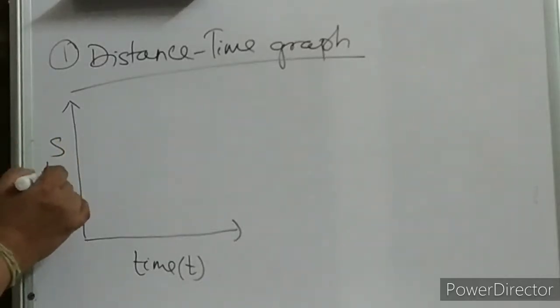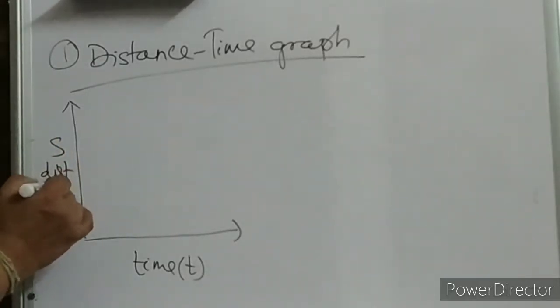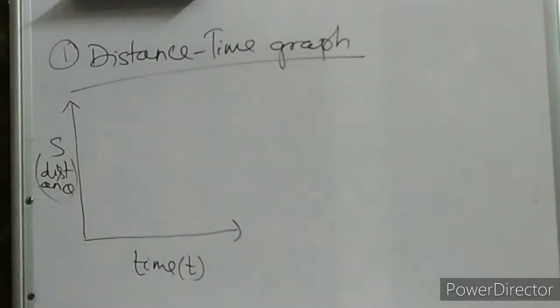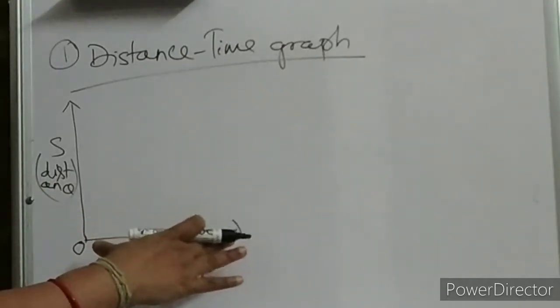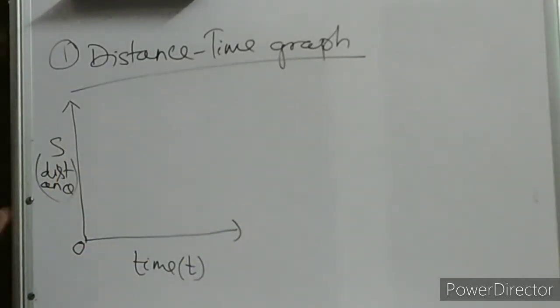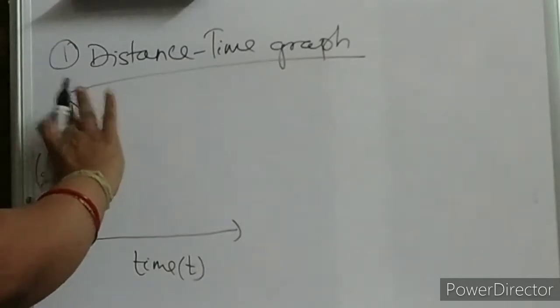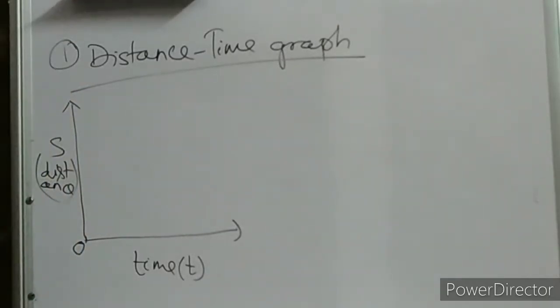This is your distance. Hope you can view all those things. So now, equal distances in equal intervals of time. This is your x axis, and this is your y axis.